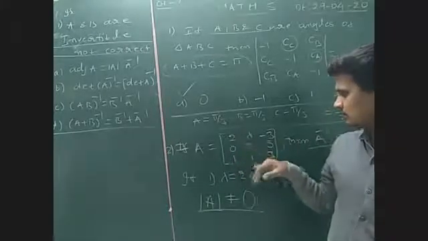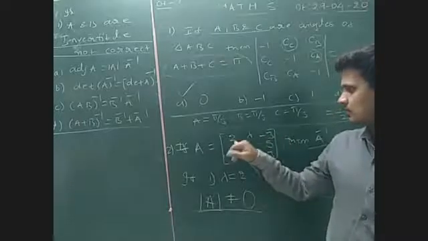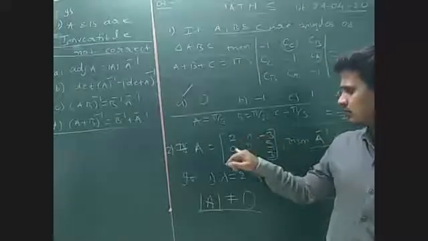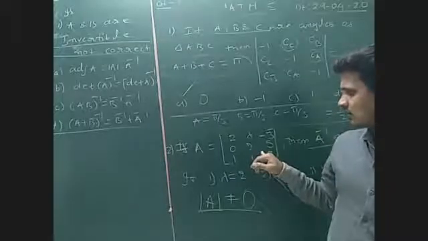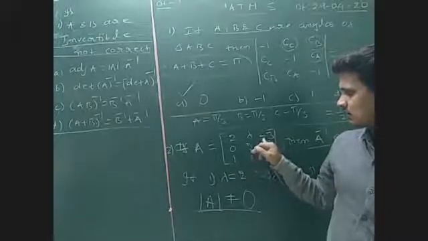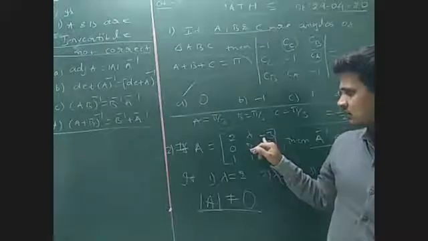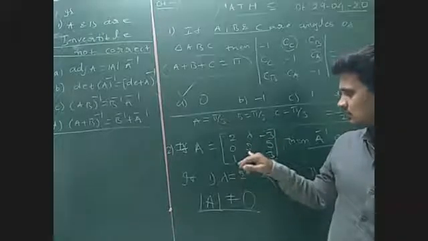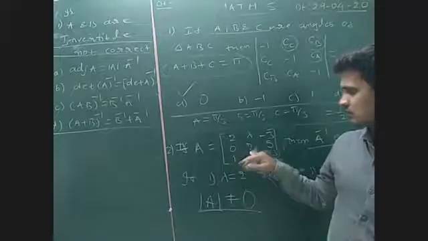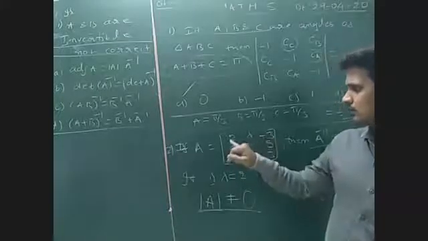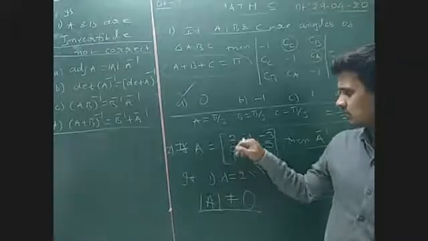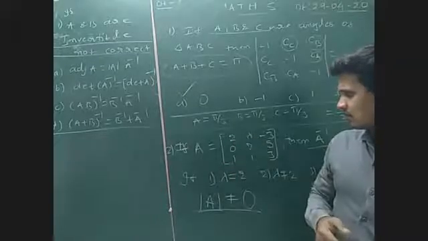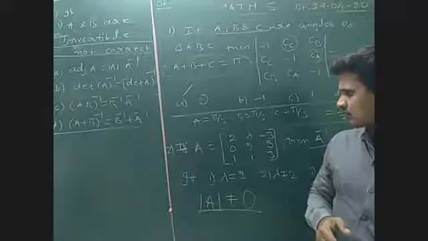Two into 6 minus 5, 2. 2 minus lambda into AD minus BC minus 5 lambda, minus 3 into AD minus BC minus 2 plus 6 plus 2 minus lambda. So what is the answer?